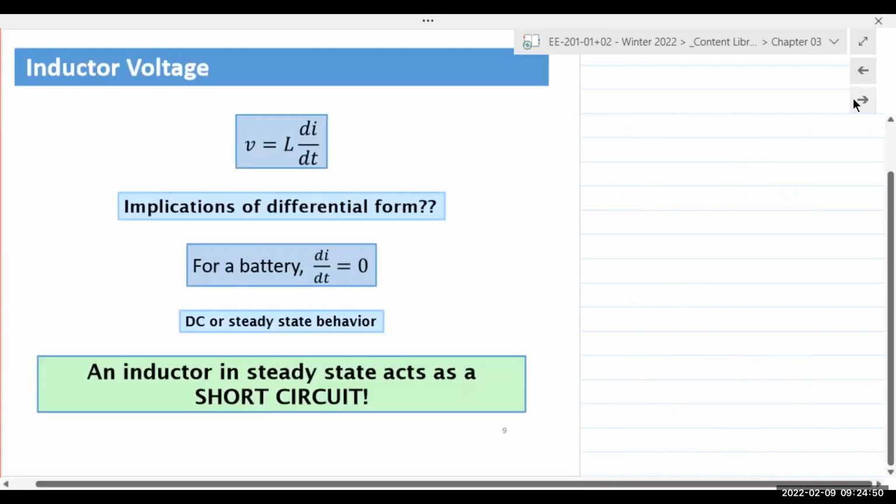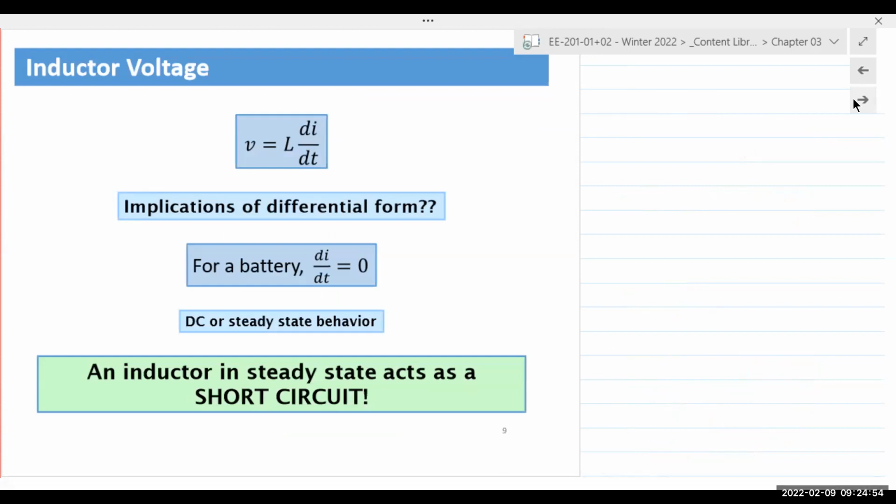So inductor voltage V is L di over dt, right? First derivative of the current with respect to time. What if current does not change? Meaning if you're applying a battery, the current is steady with respect to time. So if it's steady with respect to time, di over dt is equal to 0.